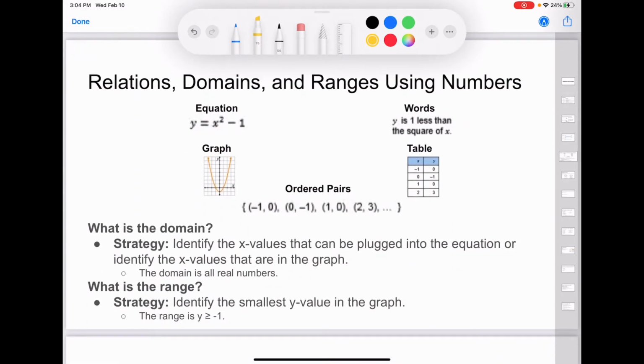Let's dive a little deeper. So, like we said, the domain is the x values, while the range are the y values. So a strategy for identifying the domain is to identify the x values that can be plugged into the equation, or identify the x values that are in the graph.